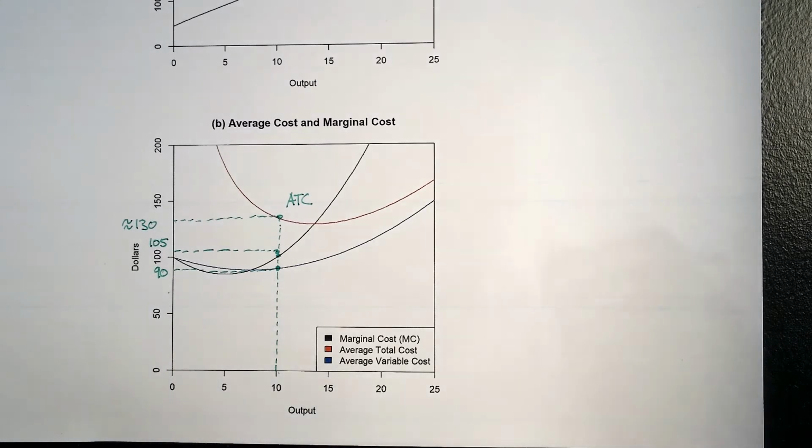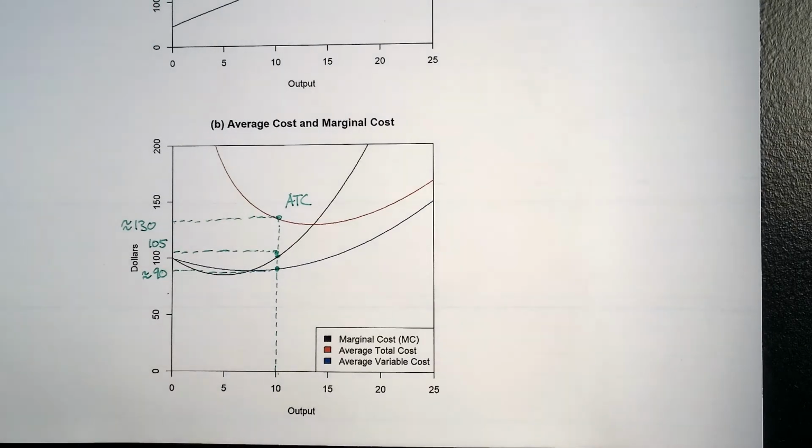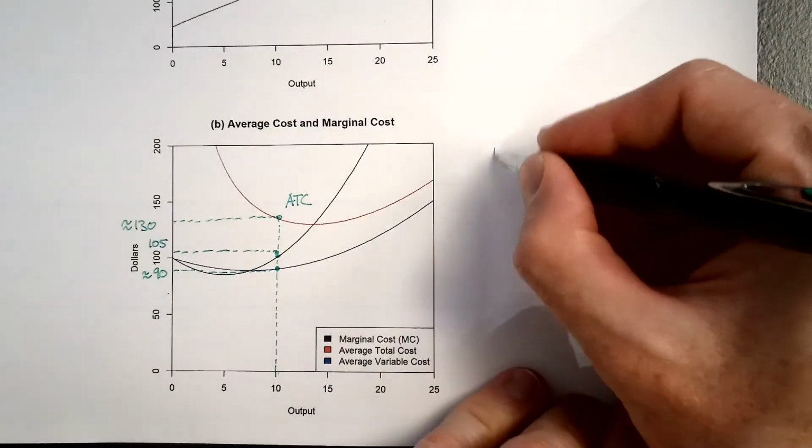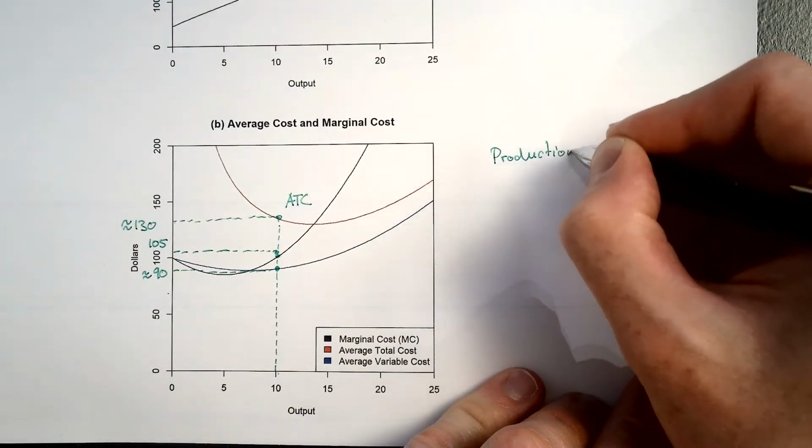But of course, we always have to pay the fixed cost. We will soon see that differentiating between the average total cost and average variable cost is very important.